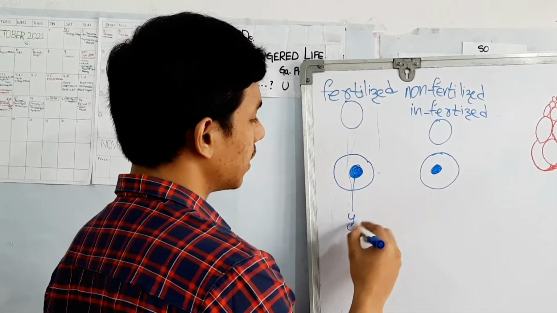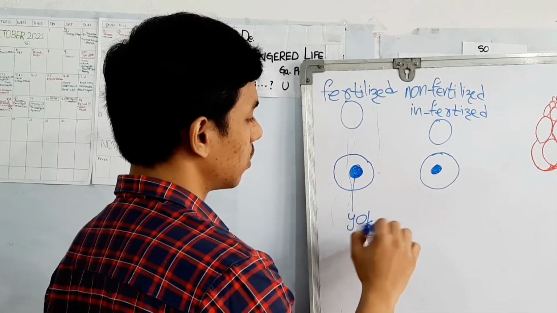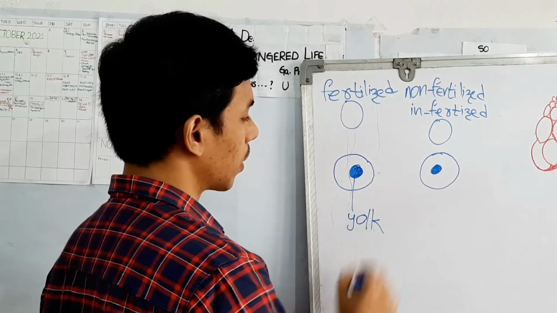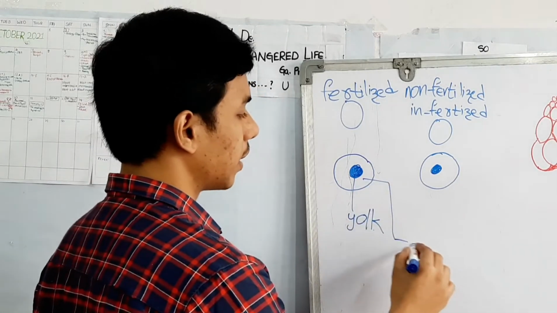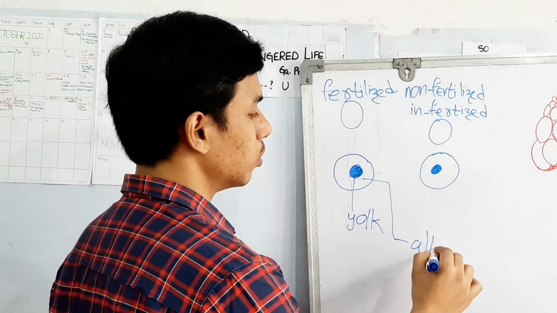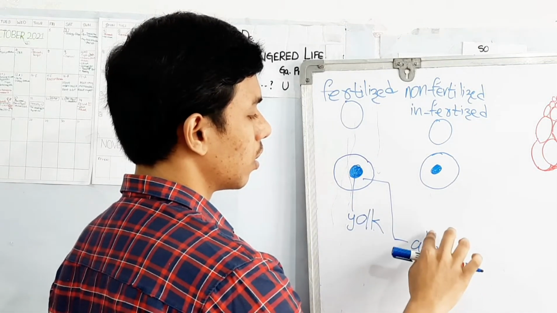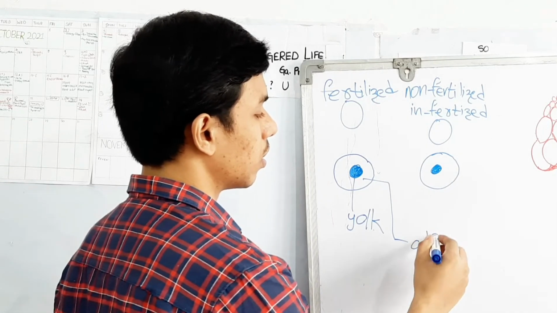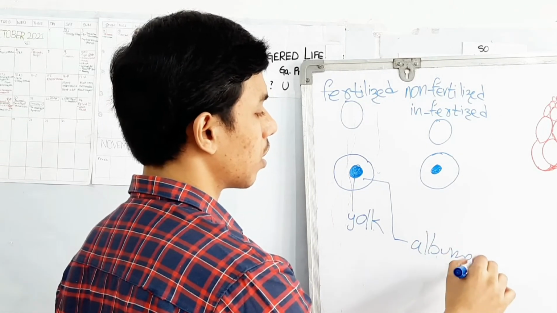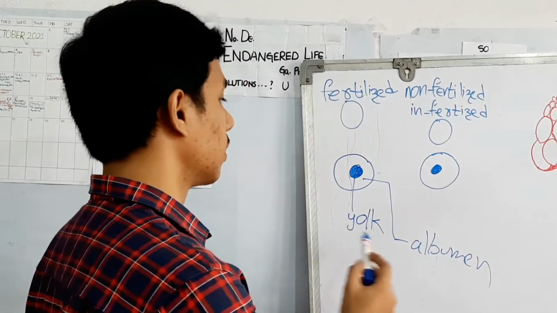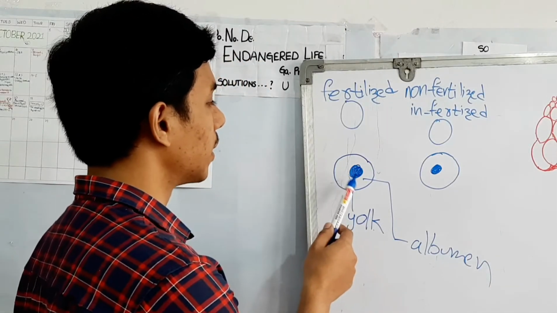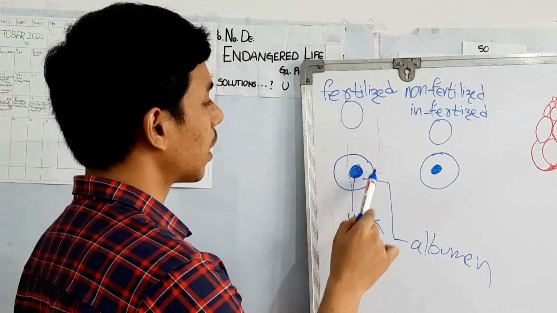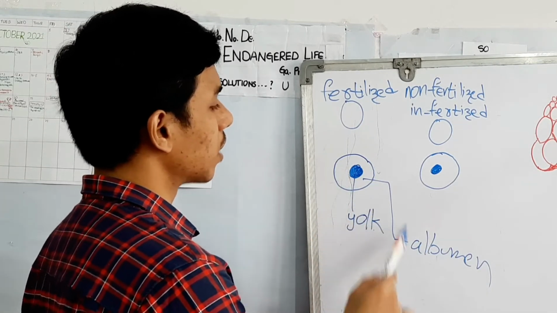This yellow part is called yolk, and this white part is called albumen. The middle yellow part is called yolk, and the white liquid surrounding the yolk is called albumen.